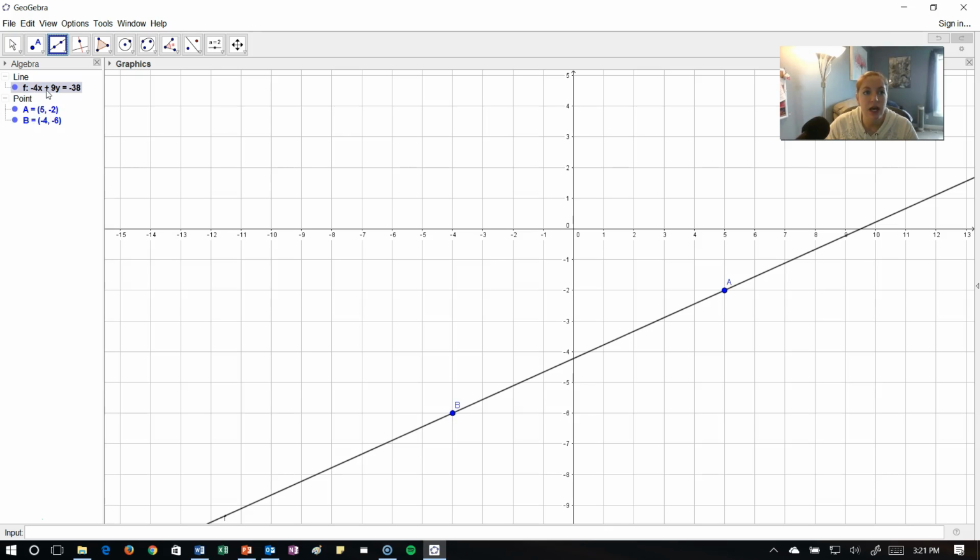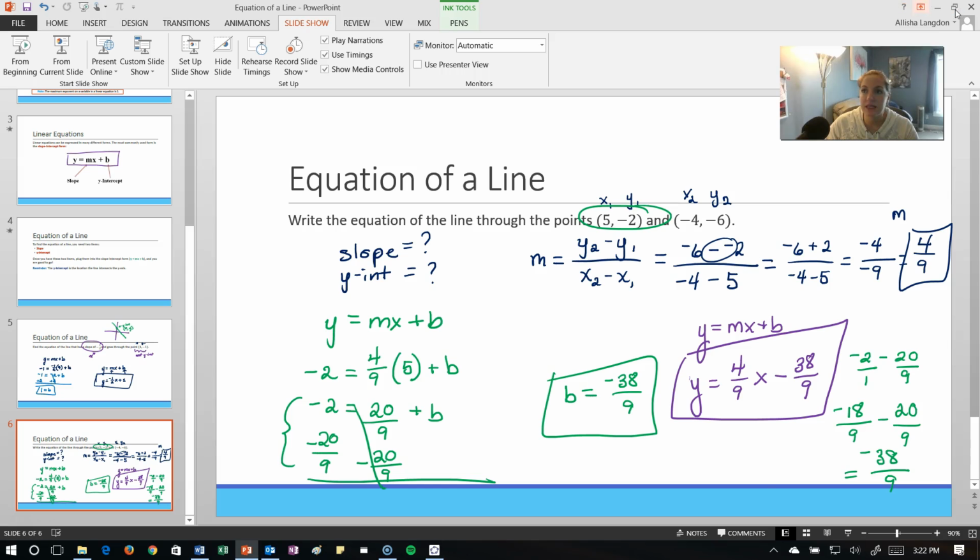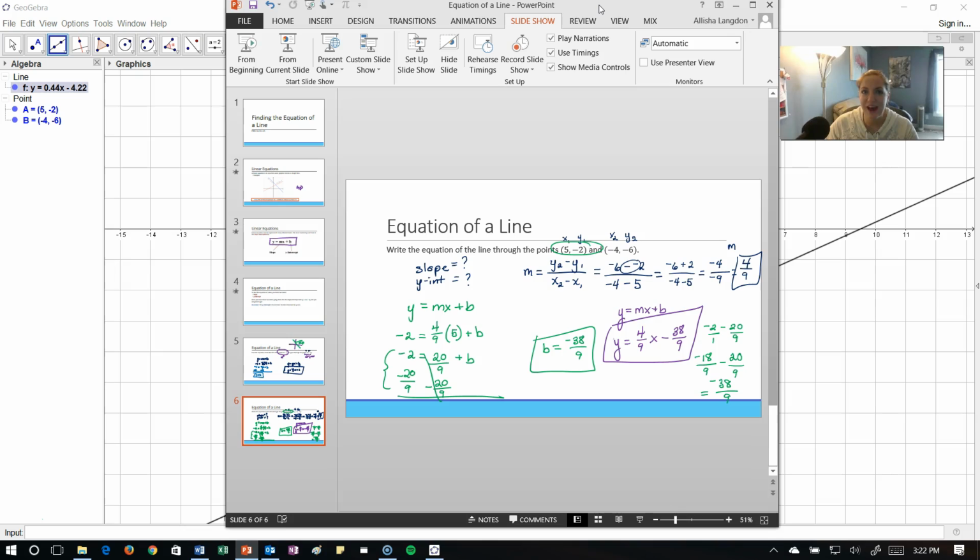And you'll notice here it's given to you in what we call standard form, where the x and y are on the left and your constant is on the right. If you right click, just go to equation y equals mx plus b, so that'll put that into slope-intercept form. Y equals 0.44x minus 4.22, which you might be like, is that the same as what we got?